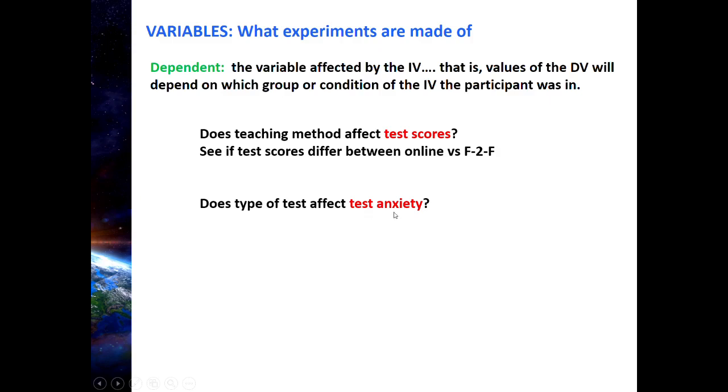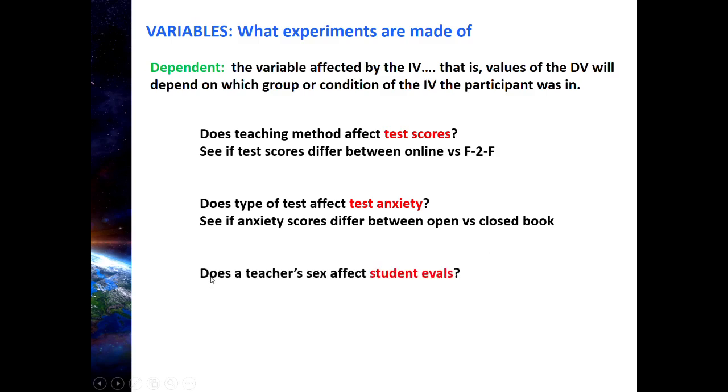We could say it affects maybe retention rates or, I don't know, stress or whatever. But we chose test anxiety here. What we're saying is this is a dependent variable because anxiety scores will depend on whether you're in the open book condition or the closed book condition.